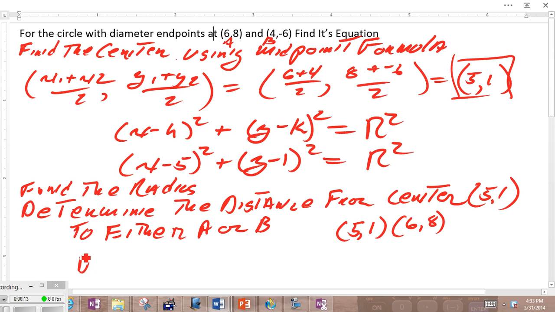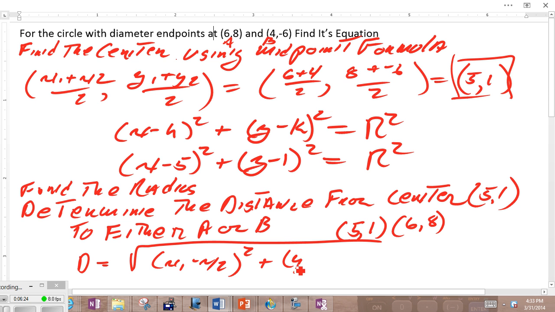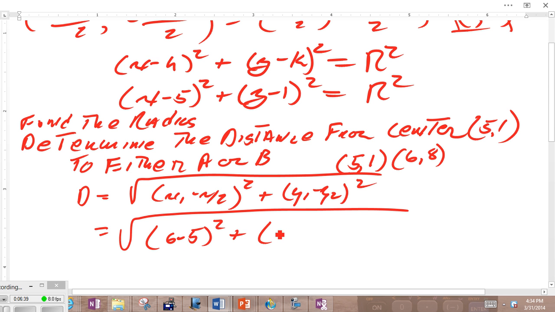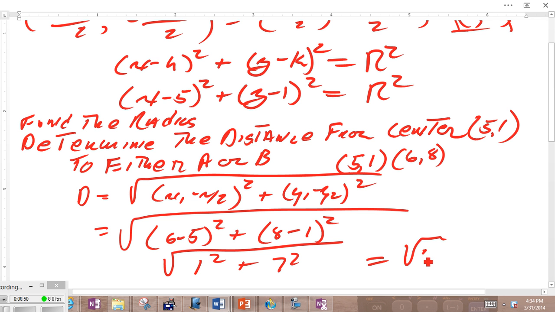My distance formula. Remember the distance formula: the big square root of x1 minus x2 squared, plus y1 minus y2 squared. Let's compute that: the square root of 6 minus 5 squared plus 8 minus 1 squared. That's 1 squared, which is 1, plus 7 squared, so the square root of 50.